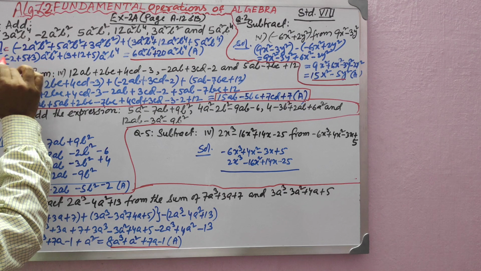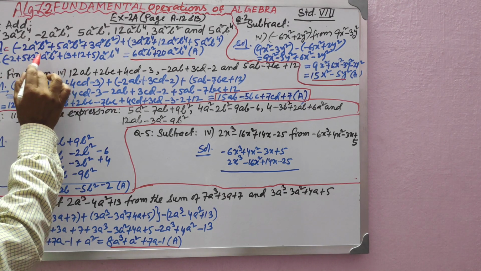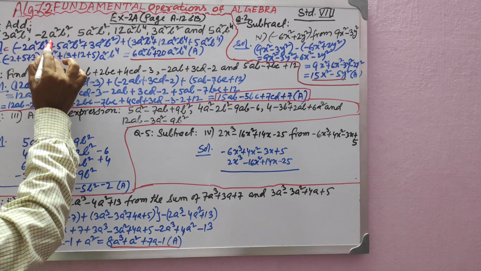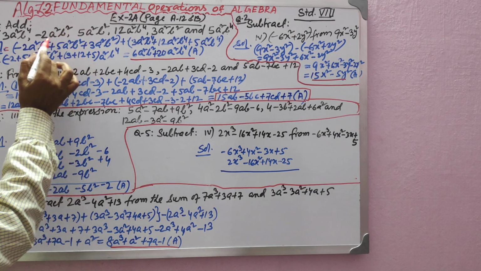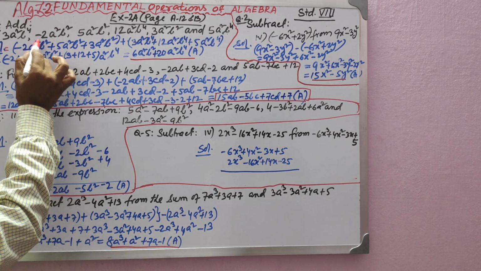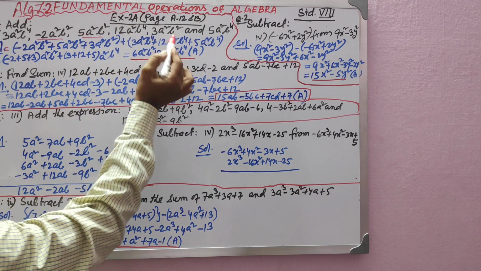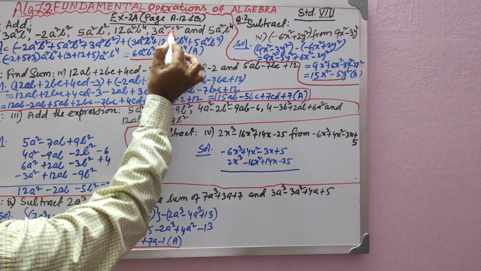So a square b to the power 4. I have taken a square b square first. Okay, fine. A square b square here I have taken, and here minus 2a square b square, and here 5a square b square, then here 3a square b square.